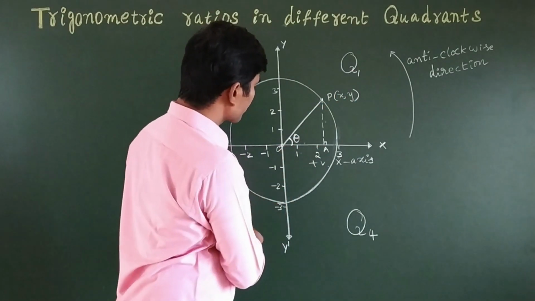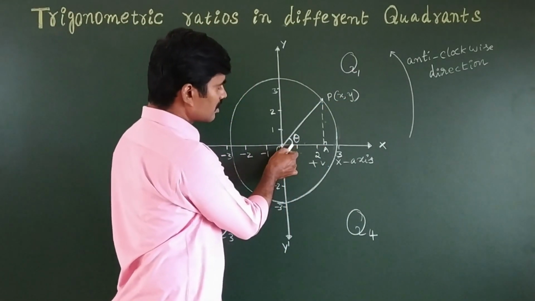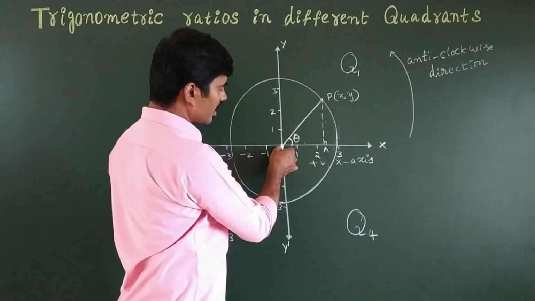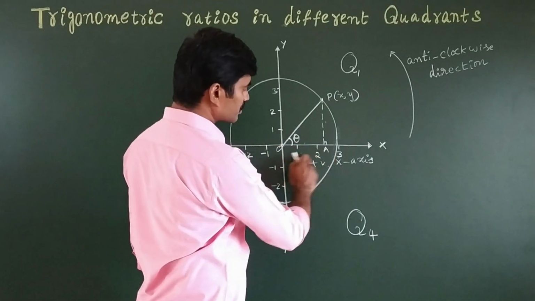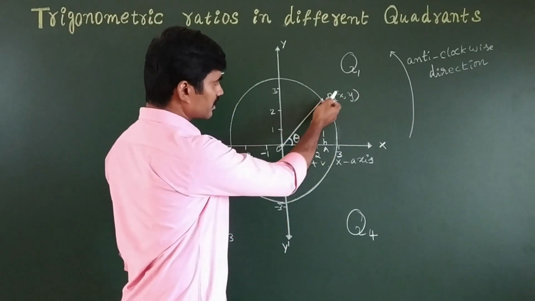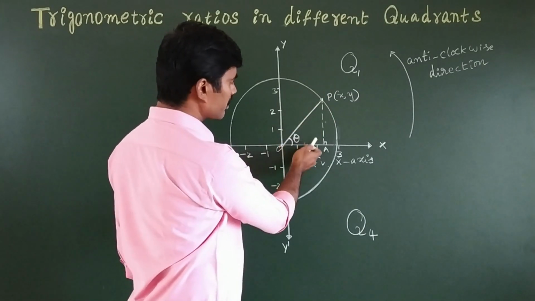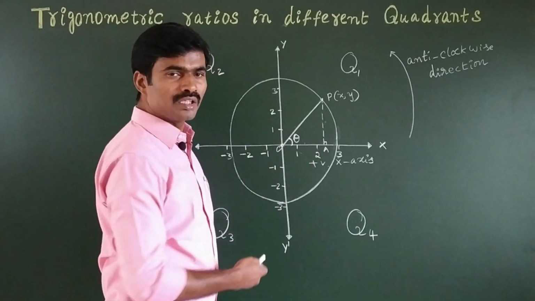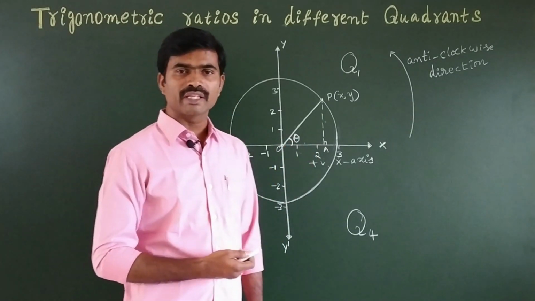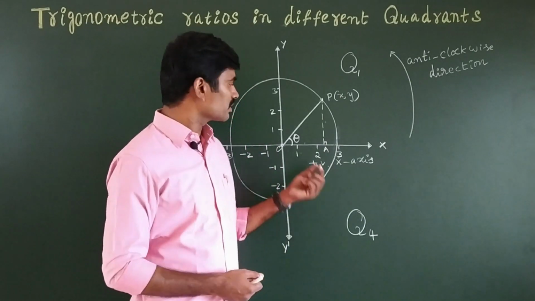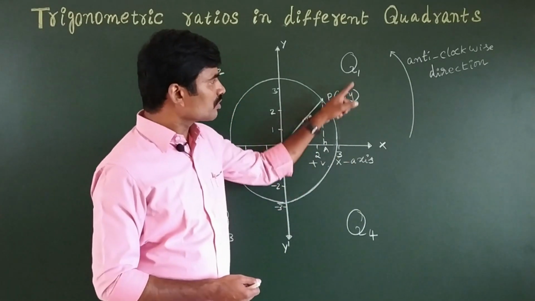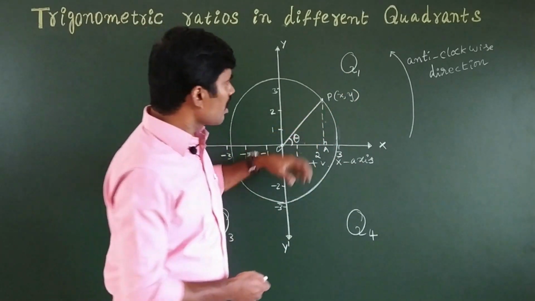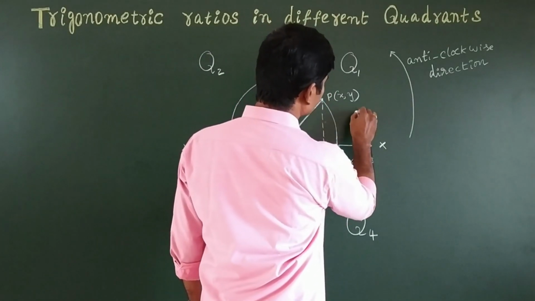Next, cos theta means the adjacent side by hypotenuse. The adjacent is positive and the radius is positive, so cos theta is also positive. Similarly tan theta, cosecant theta, secant theta and cot theta are positive in quadrant 1. So we conclude that in quadrant 1 all trigonometric ratios are positive.